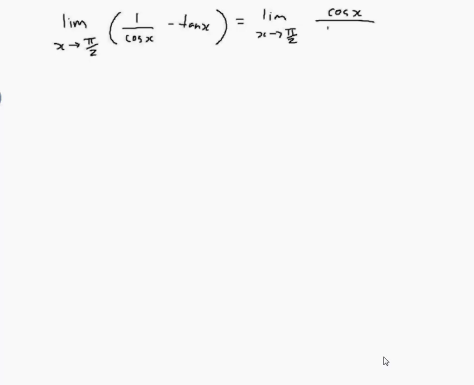So the limit as x approaches pi on 2 of 1 on cos x minus tan x is equal to the limit as x approaches pi on 2 of cos x on 1 plus sine x, because we've just figured out that 1 on cos x minus tan x is the same as cos x on 1 plus sine x.